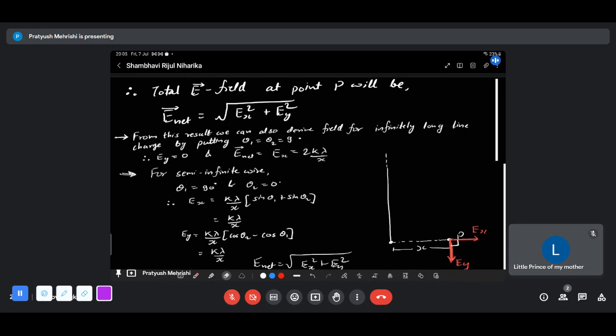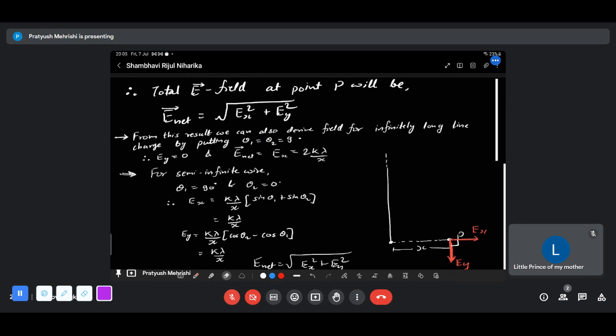Next one. If the line is semi-infinite, meaning infinite but extending only in one direction, then we will again have two components, and we just put in the previous formulas which we derived for the x component of field as well as the y component of field.